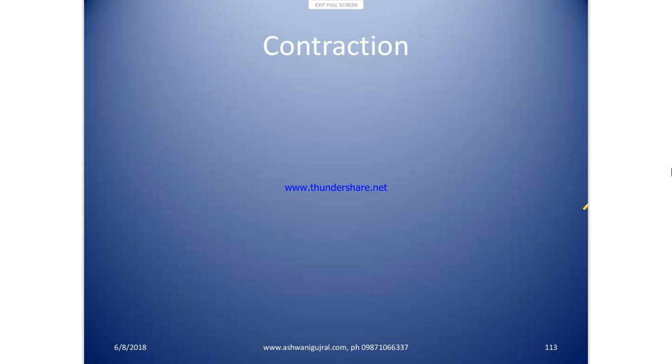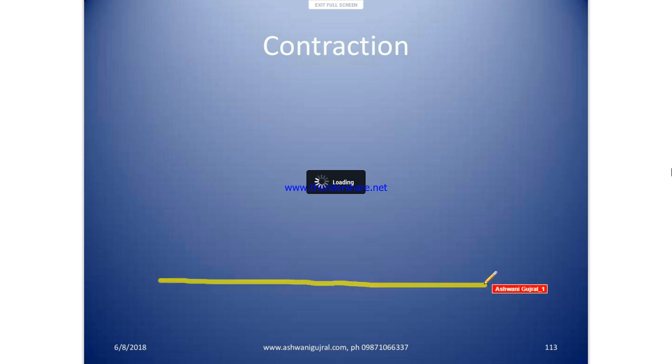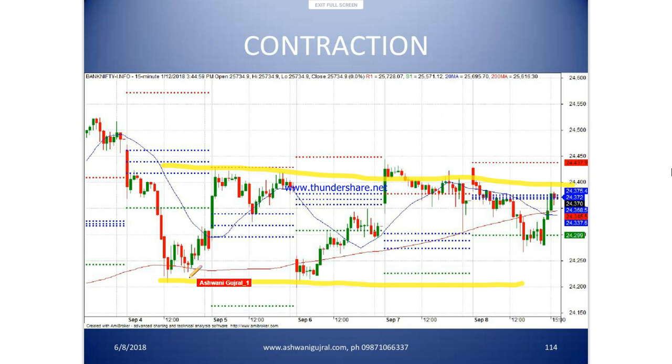Let's discuss what is contraction. These sideways days are contraction, where you end up at the low of the day one day, touch the high of the day yesterday, the next session again open at the low of the day, next session gap down, not sustained, gap up, not sustained, something similar to what we are going through these days.